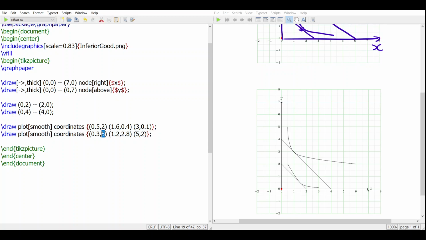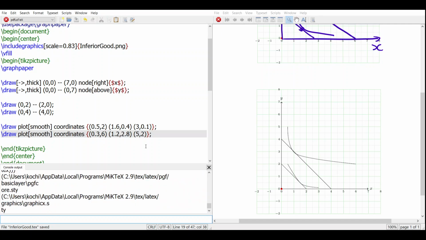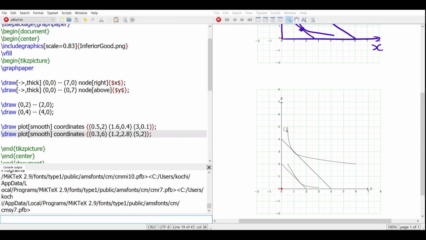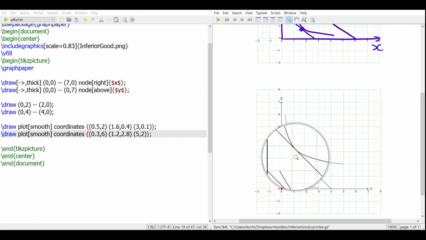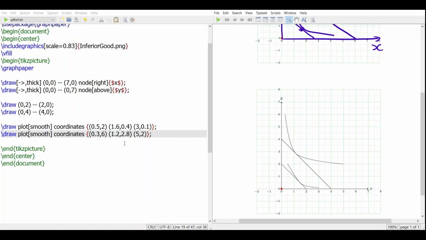Okay, maybe make it 6. See if we improve a little bit, because it cuts at the point that we want to cut it. Okay, so it looks like nice tangents here and there.